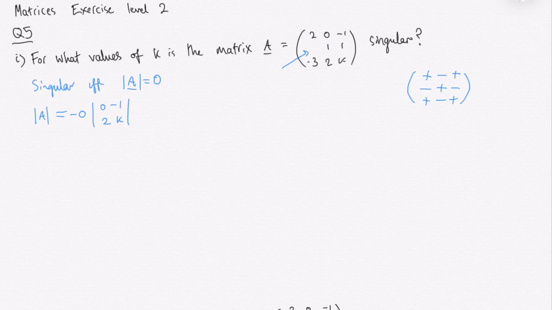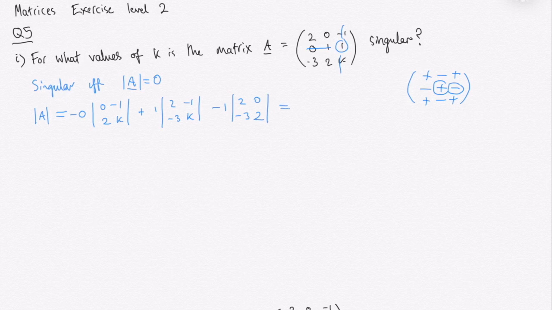Then we have the second element here, the 1, which has a positive sign, multiplied by the determinant 2, minus 1, minus 3, k. Then finally our third cofactor is 1 with a negative sign, multiplied by the determinant 2, 0, minus 3, 2. And this is singular if and only if this is equal to 0.